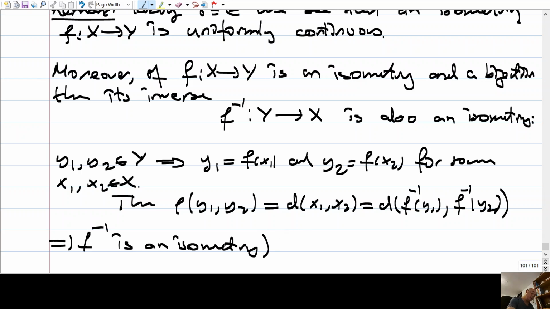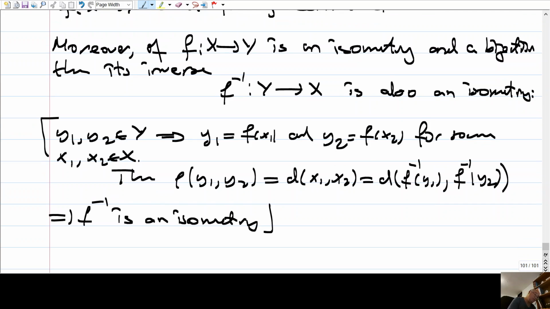Okay, so that's the explanation for this statement here. So if I have an isometry which is also a bijection, then its inverse is also an isometry. In particular, its inverse function is also uniformly continuous, and therefore it is continuous.